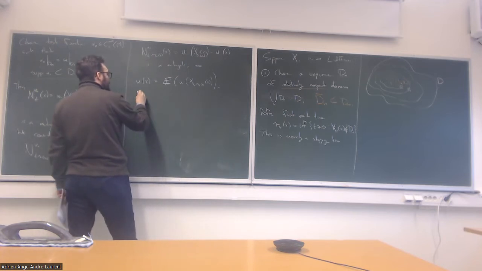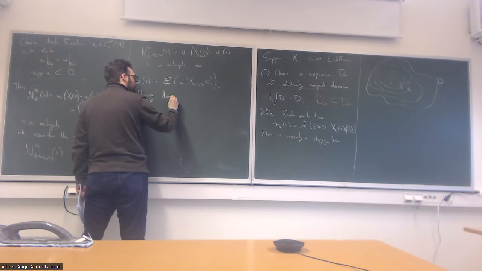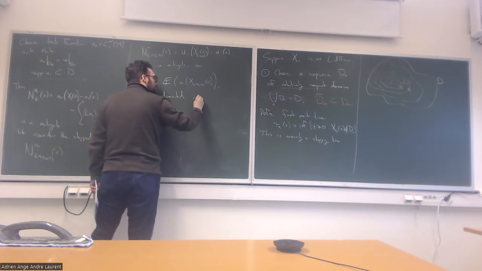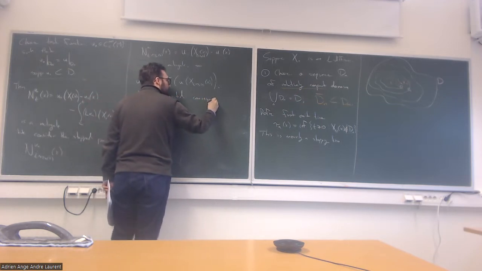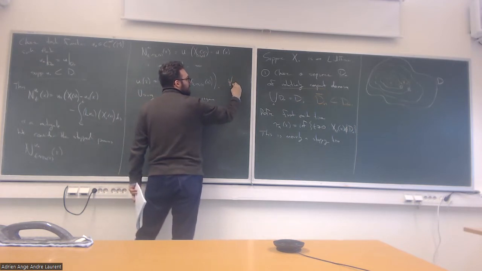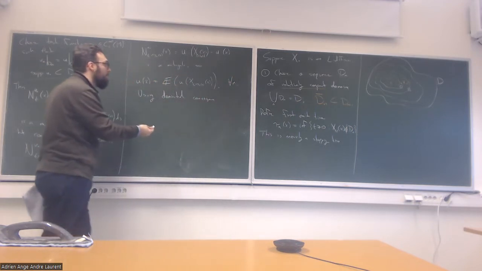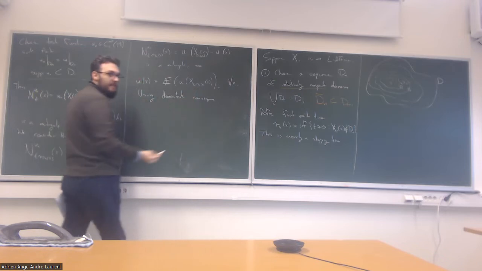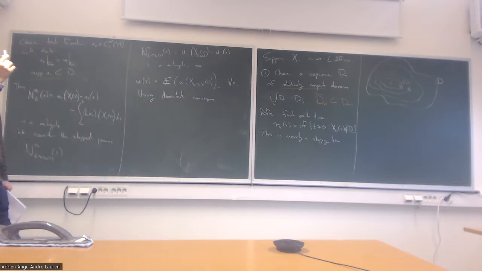If we use dominated convergence, the tau_n have to converge up to tau, the first exit time from D. And this expectation is just an integral.